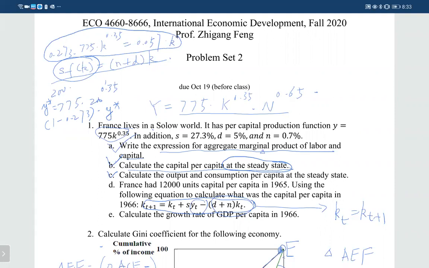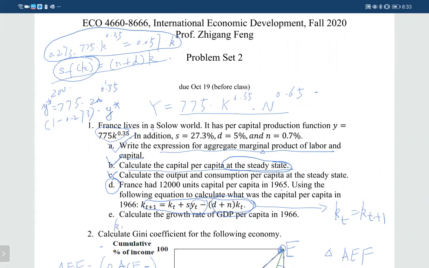Now part D. France has 12,000 capital in 1965. Use this to find the following: capital per capita K. That's again straightforward, right?